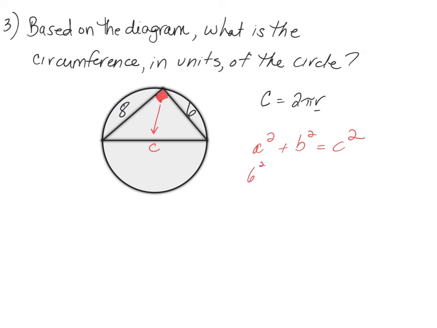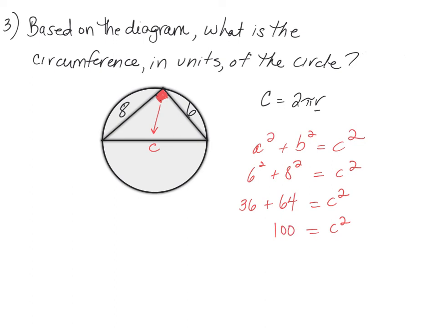So I can solve this by putting in the 2 side lengths. Remember, we have to square first, so I get 36 plus 64. When we're squaring a number, it's the number times itself. So 6 times 6 is 36, 8 times 8 is 64. And so c squared equals the sum of 36 and 64, which gives me 100.